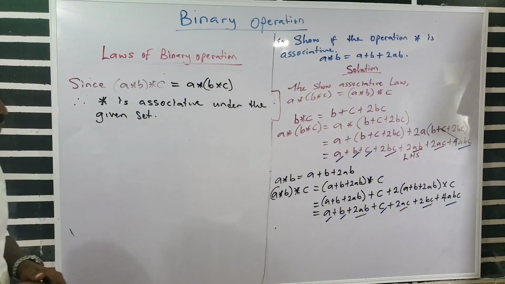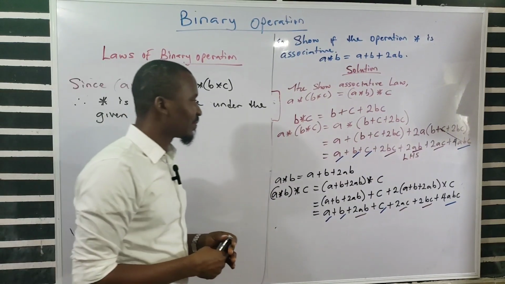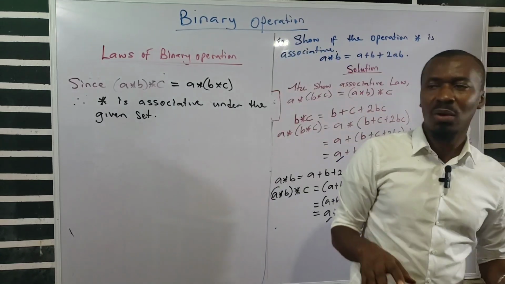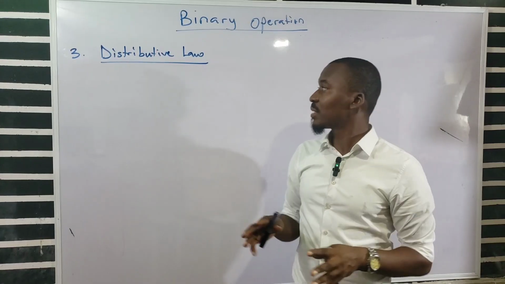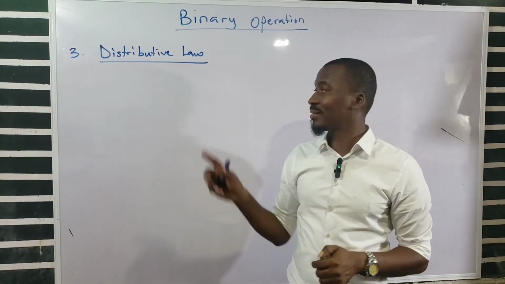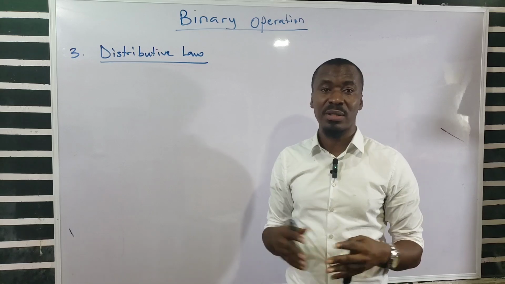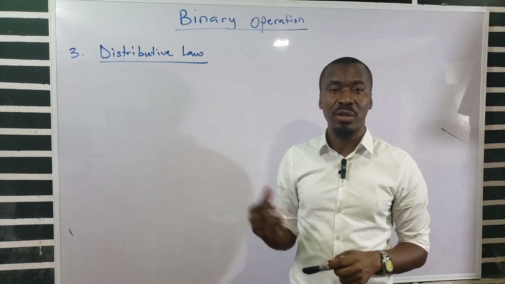Okay, so let's look at distributive property, which is the third law of binary operation. In distributive law, they hardly ask it in secondary school level because of the complexity of the law.